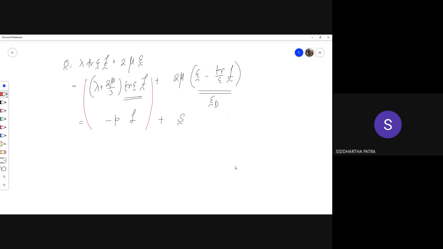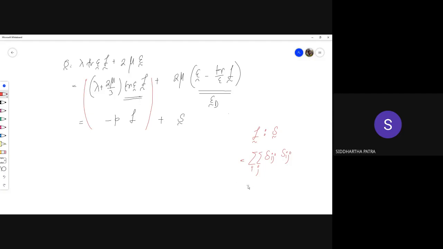My point being that the inner product of I and S is the summation over i, summation over j of delta ij S ij.